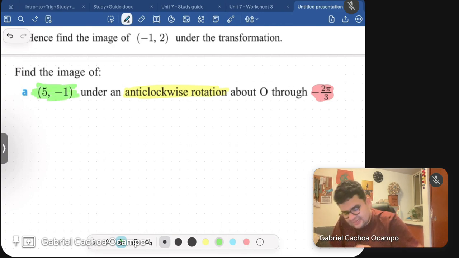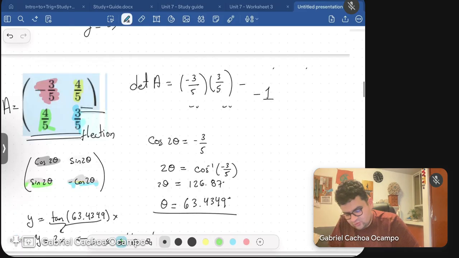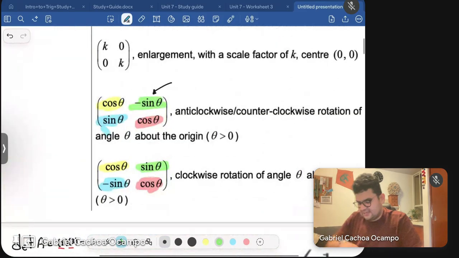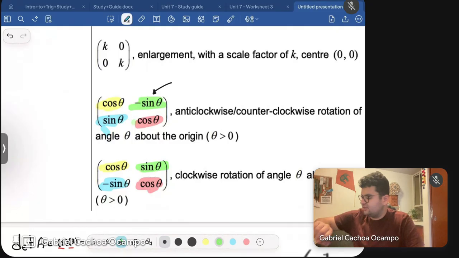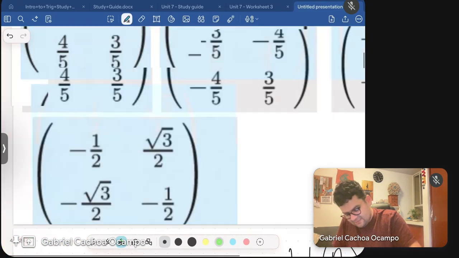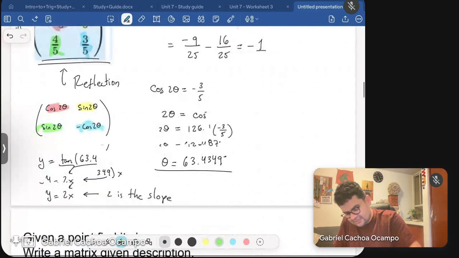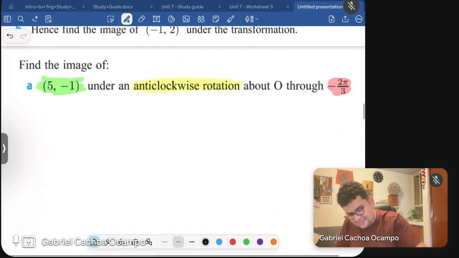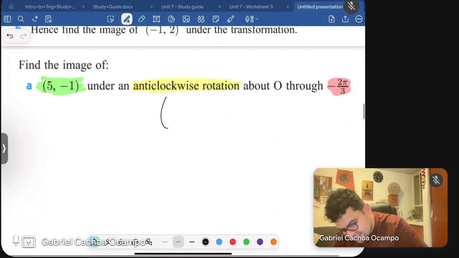If I want an anti-clockwise rotation, in the formula booklet, anti-clockwise rotation is cosine, negative sine, sine, cosine. So my matrix has to be cosine, negative sine, sine, cosine.